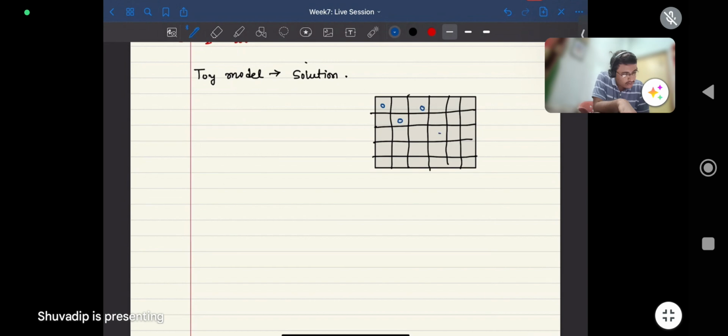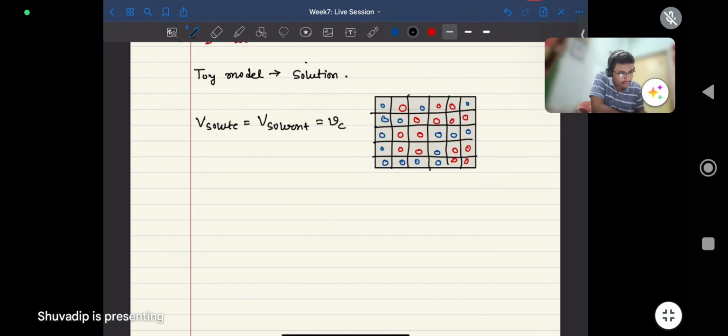Randomly I am putting some solute and then some solvent, something like this, randomly. There is no preferred choice here. And the volume occupied by the solute and solvent, both of them are equal. So V solute equals V solvent equals Vc.